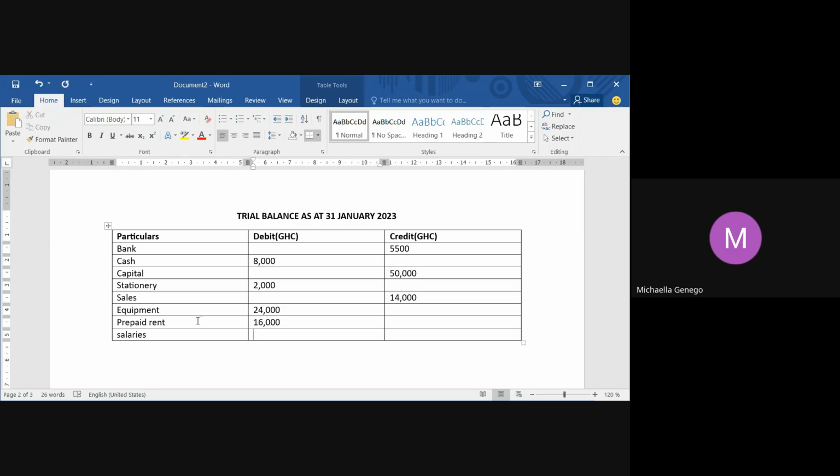Debit or credit? Madam, debit. What do we have? 2,500. What other accounts? Drawings account. Debit or credit? Debit. How much? 2,000.